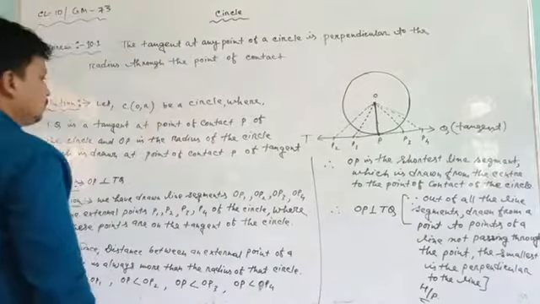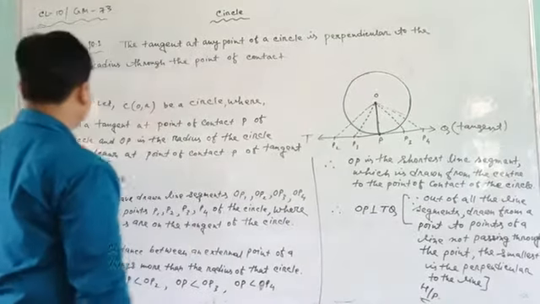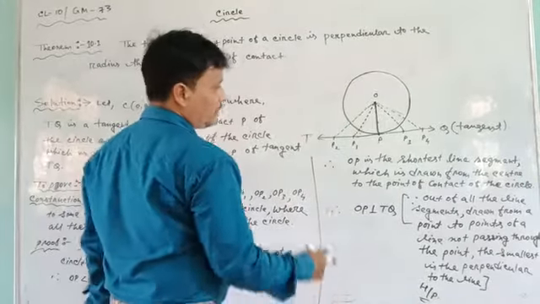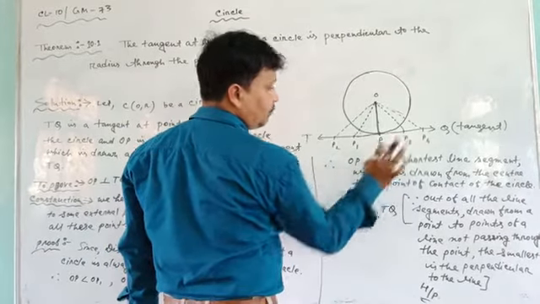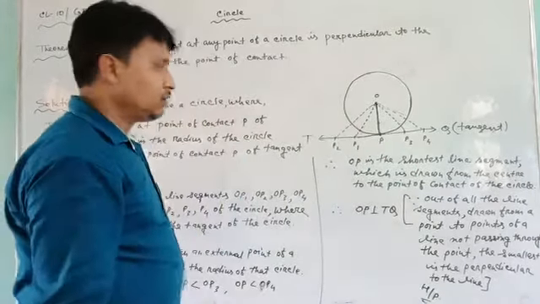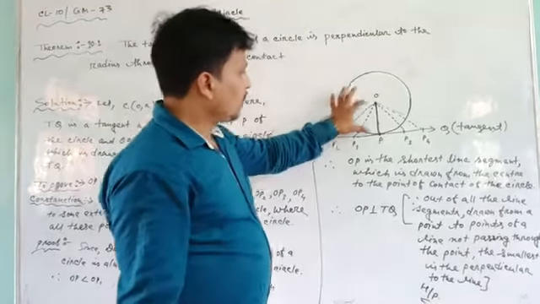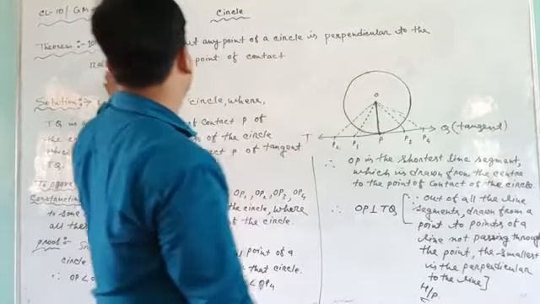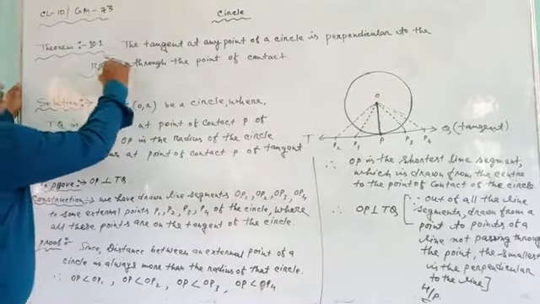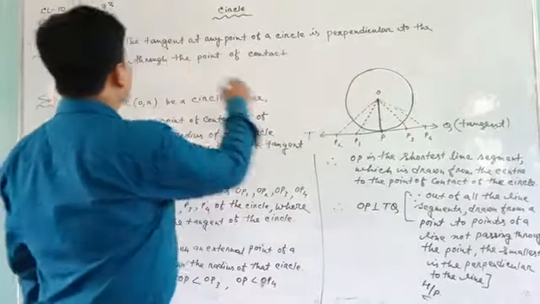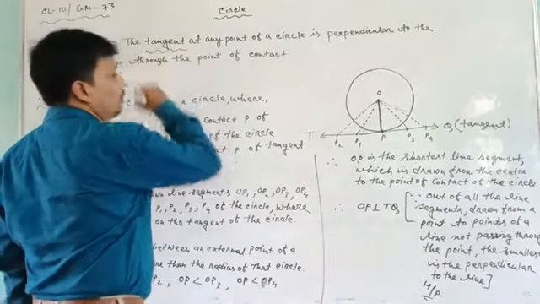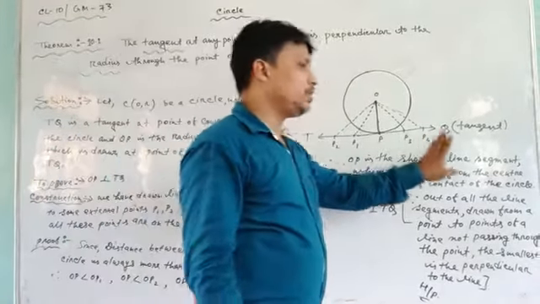First of all, we are taking some points P1, P2, P3, P4. About the radius, it is already mentioned: OP is the radius. About the tangent, we have taken tangent TQ.